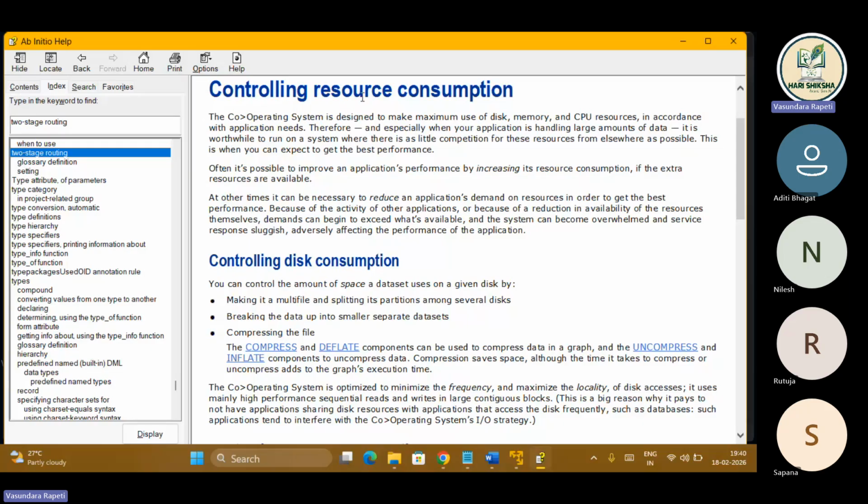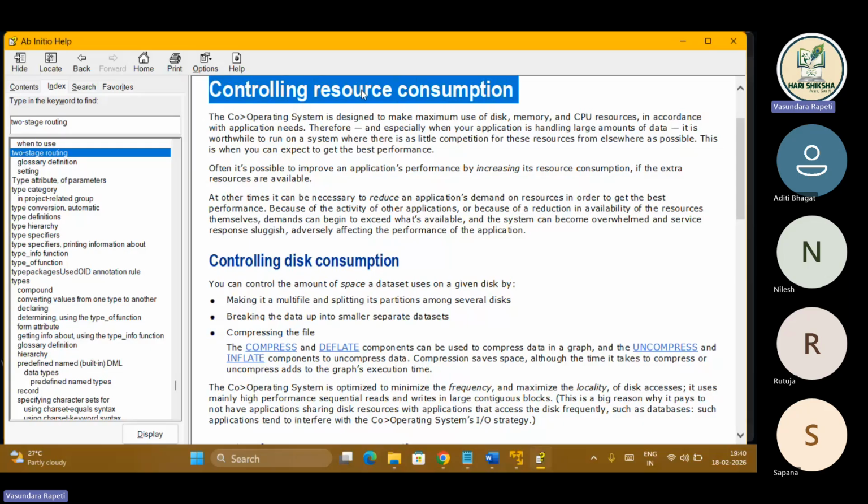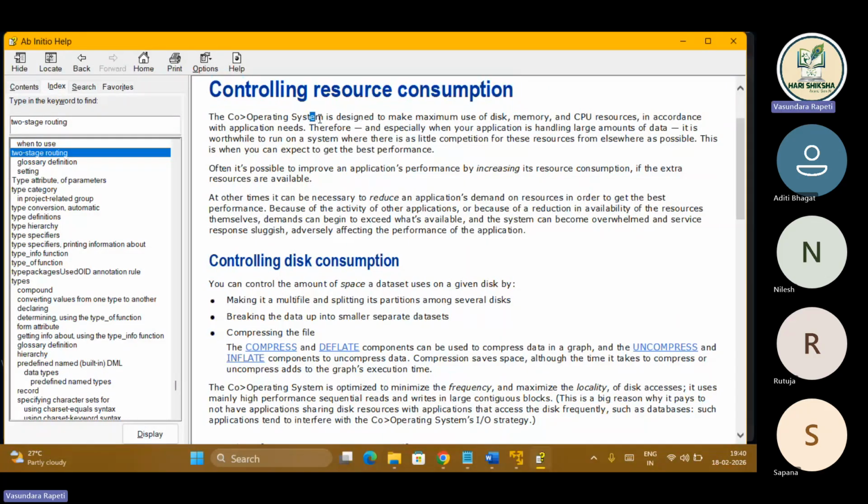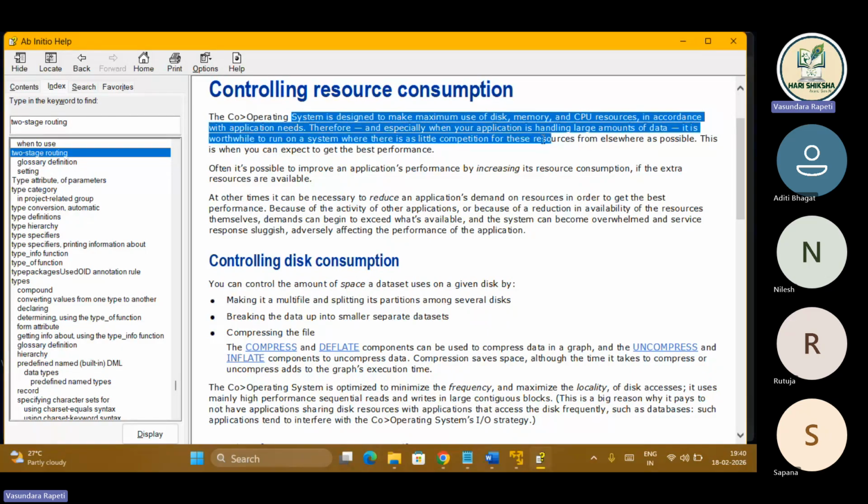Now, how to control the resource consumption? Co-op system is designed to make maximum use of the disk, memory, CPU, and all resources in accordance with the application's needs. Therefore, especially when your application is handling a large amount of data, it is worthwhile to run a system where there is as little component competition for the resources from elsewhere as possible.